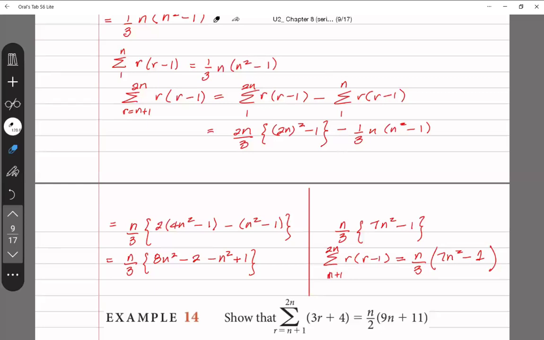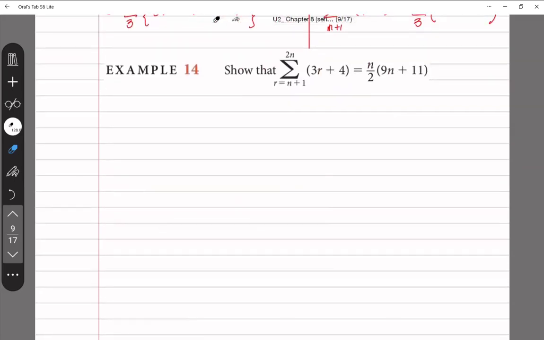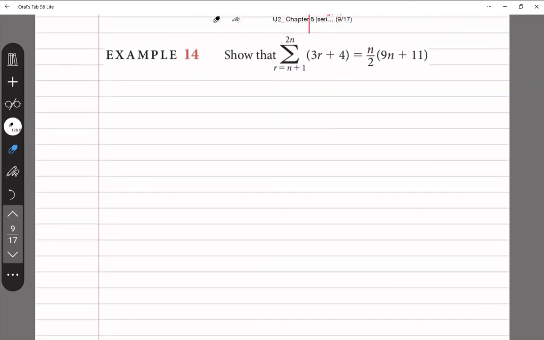All right, so example 14, very similar to example 13. So remember what I told you I would try to find first?